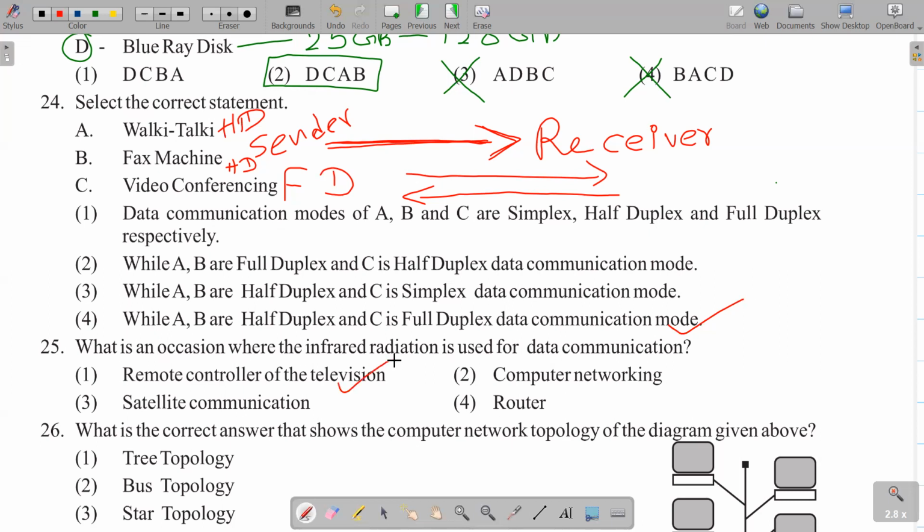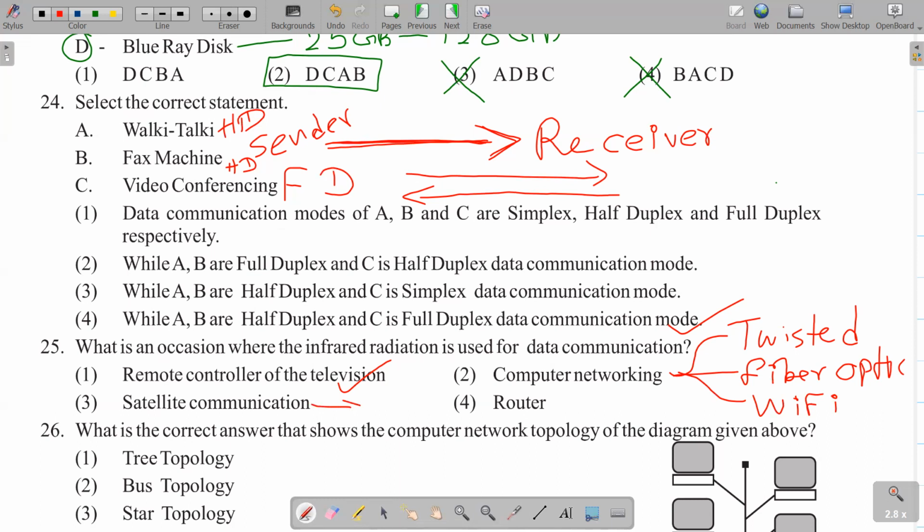In computer networking, what are the modes that we can use? We can use twisted pair, right? Or we can use fiber optics, right? Those are the guided media. If you think about the unguided media, we can use Wi-Fi signals. That means these are like radio signals, right?